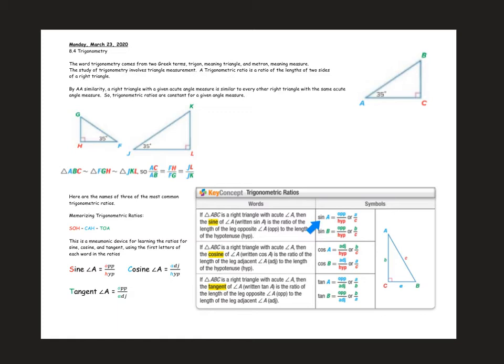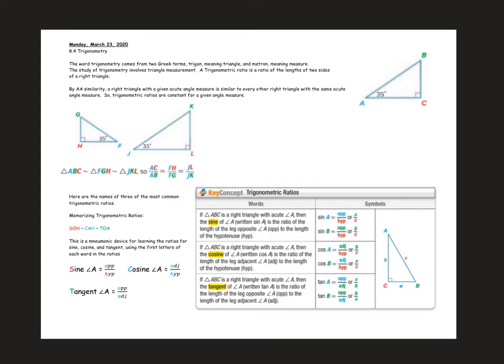It's not a sin, it's sine. What is the sine of angle A? It is equal to the opposite side of angle A. We've already studied this. I travel opposite and hit segment BC, that is the opposite side, over the hypotenuse, and that would be AB. So the sine ratio is the opposite of angle A divided by the hypotenuse.